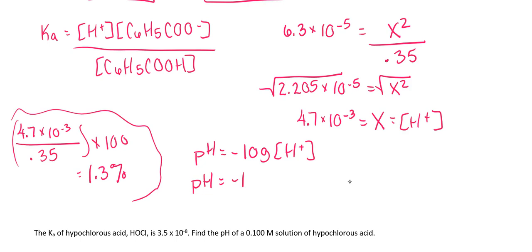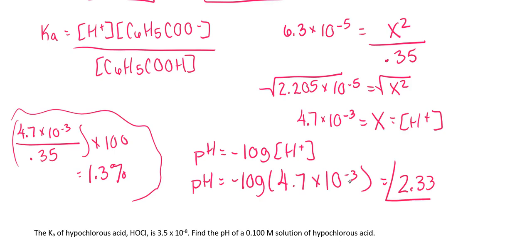So pH is equal to the negative log of 4.7 times 10 to the negative third. About 2.33 would be my pH.